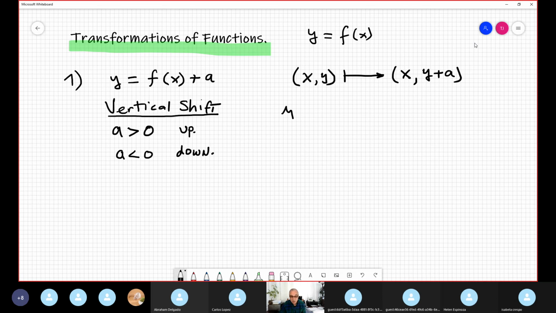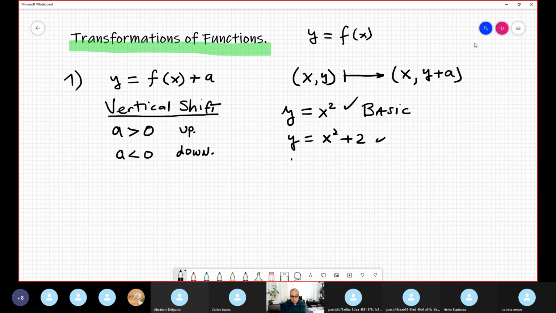Suppose the function y equal x squared. This is my basic function. And the transformation I generate from this, suppose, is y equal x squared plus 2, or plus 3, or plus 5, or plus whatever, any number. In this case, the graph of this and the graph of this are similar, but the transformation is moving 2 units up.